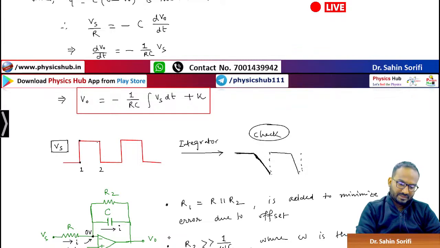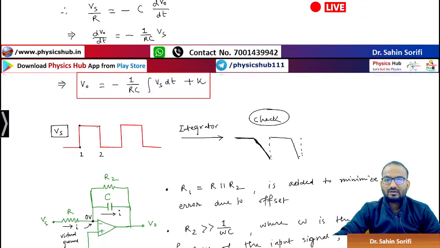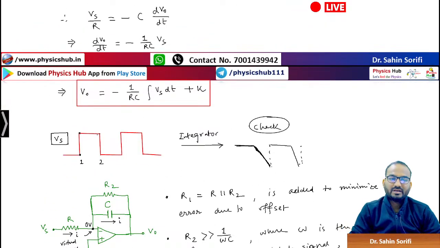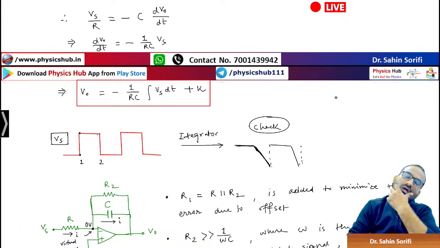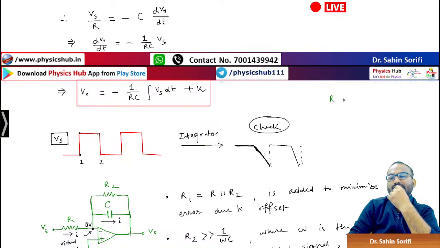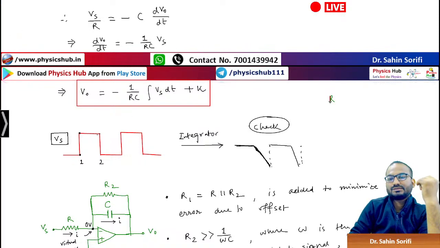Your comments came. I could not see your comments before. Now I can see. Ajay Murli asks what R parallel R2 means. It means the parallel resistance of R and R2. Like, for example, if R is equal to R1 parallel R2, what does it mean?